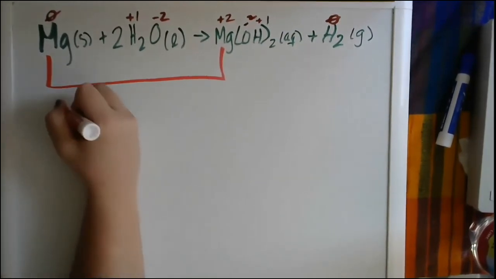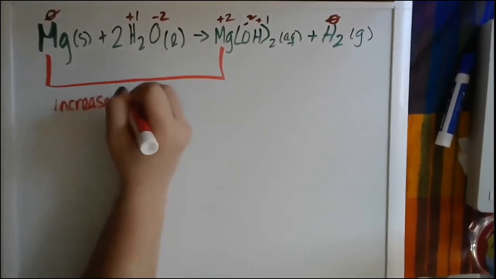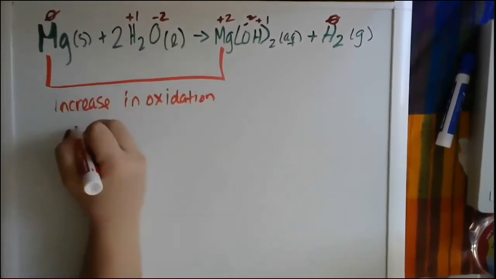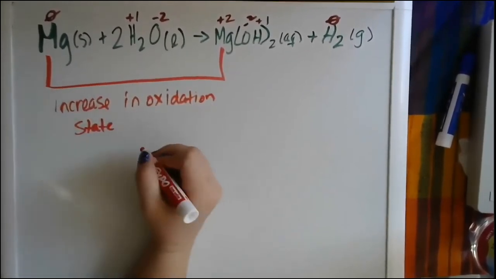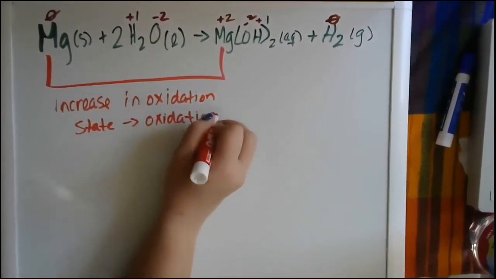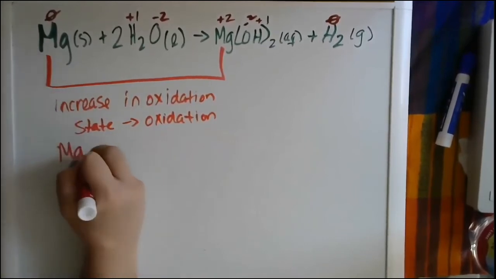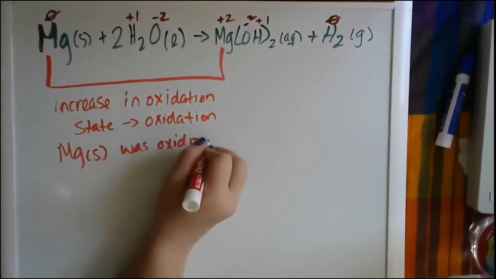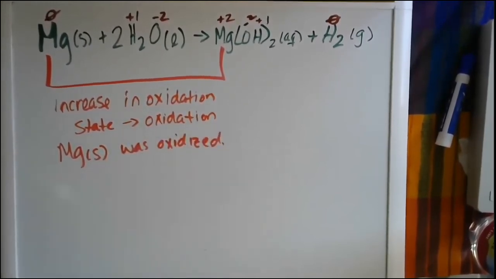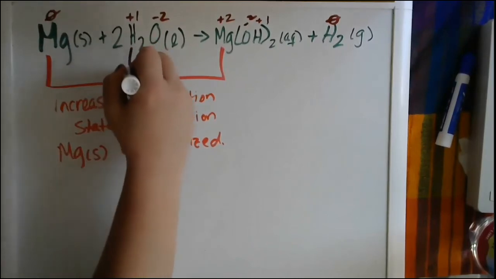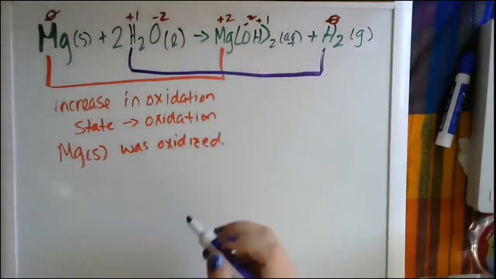When we have an increase in oxidation state, that means that we have oxidation. That means that magnesium was oxidized. Okay. Where else do we see a change? We see a change in the hydrogen. Hydrogen goes from a +1 to a 0.